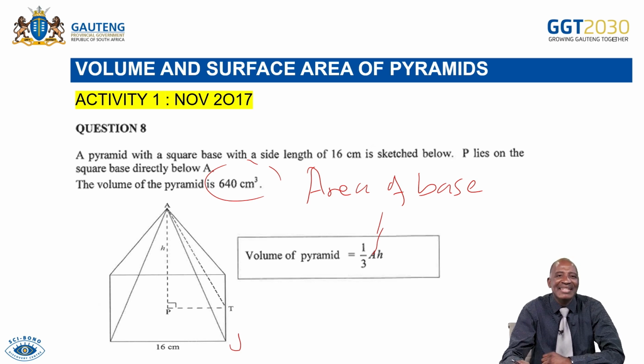We also have AT, which is a slant height or a lateral height or a median of that particular triangle. So you need to be very, very careful which height you are using. When you talk of the height in these questions, we are referring to the perpendicular height, the one that makes an angle of 90 degrees with the base, which is this height.